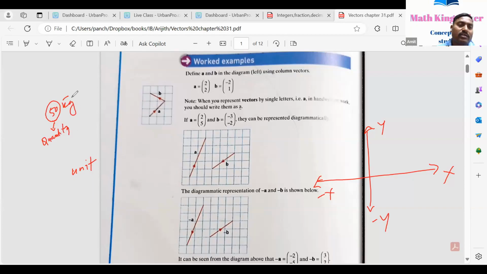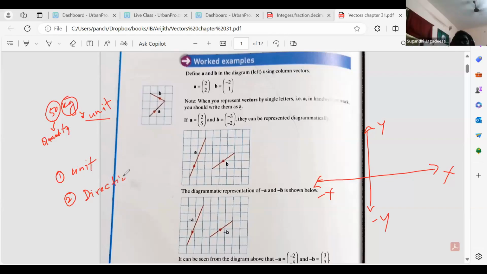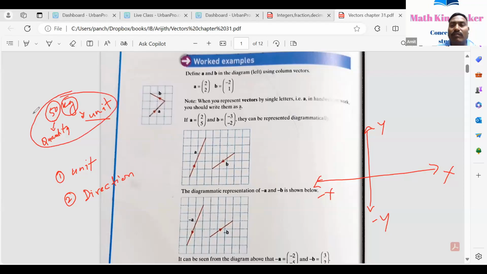And this is called the unit. We need to represent in which unit it is. Another thing is direction. To represent your mass, you need not have any direction. But if you're moving somewhere, there is a need of direction, like a 30-degree angle, 50-degree angle.